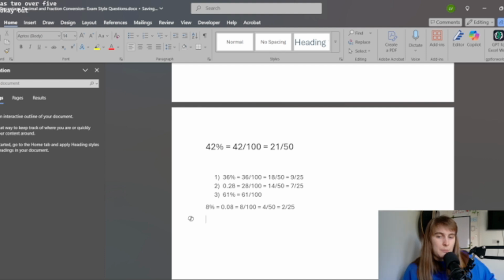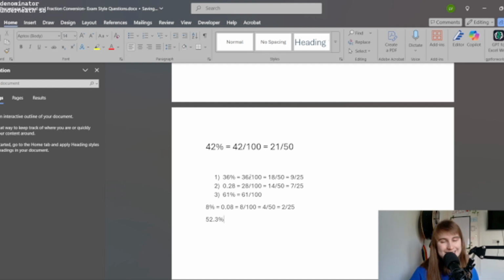But if our numbers start to have decimal numbers, that's where it gets a little bit more confusing. So let's say I had 52.3%. Okay, so 52.3% means that this time I have to count the number of digits in my percentage, and that will tell me the number of zeros that are going to be in my denominator underneath.